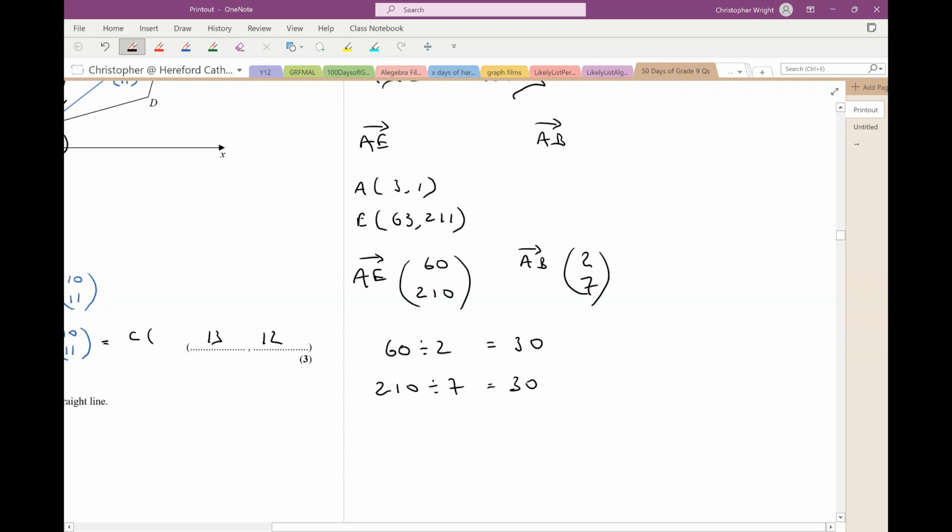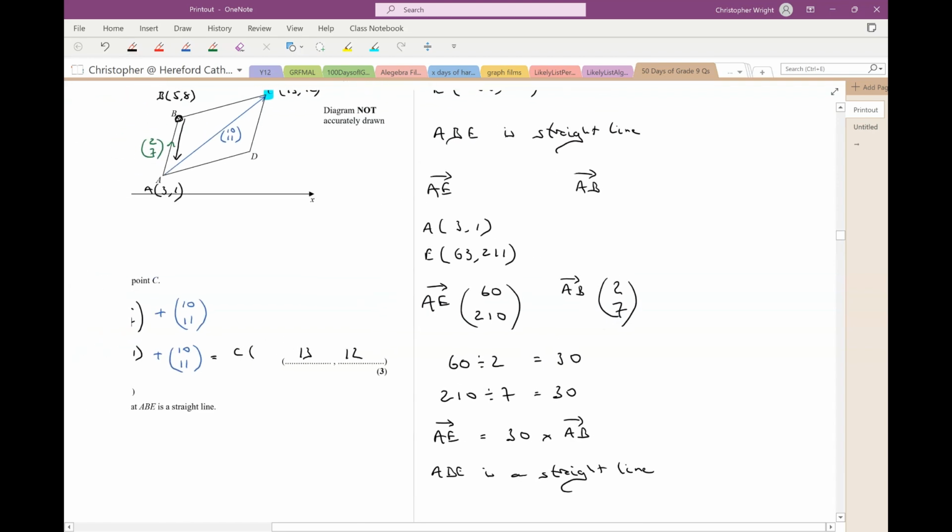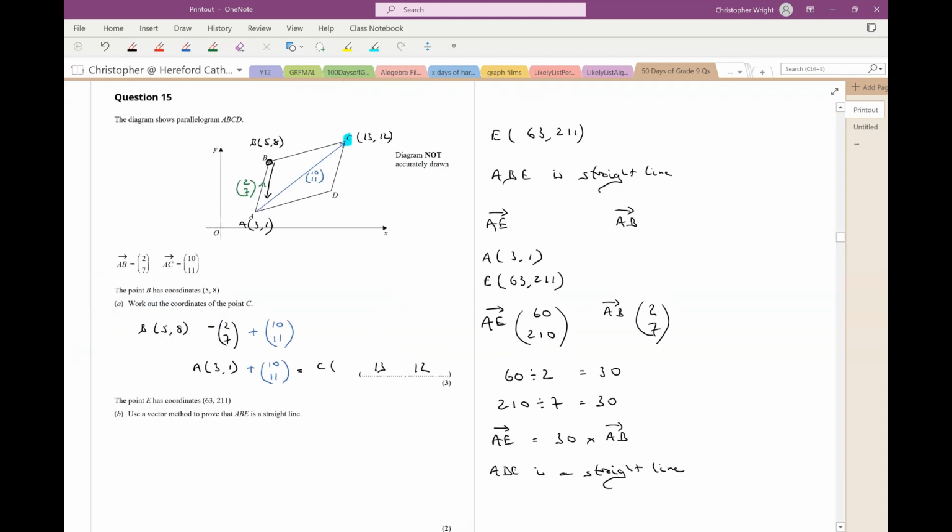So I can say that AE equals 30 times AB, which means that ABE is a straight line. There we go. That is question 15 done.